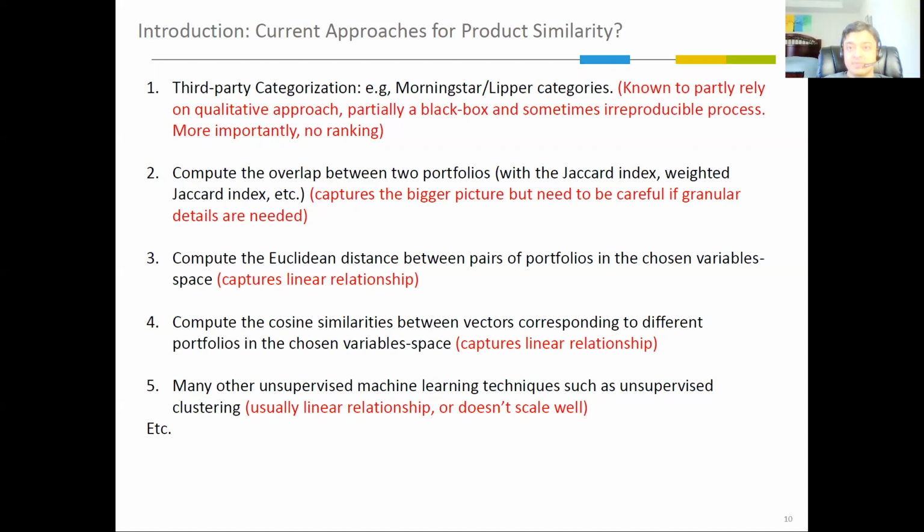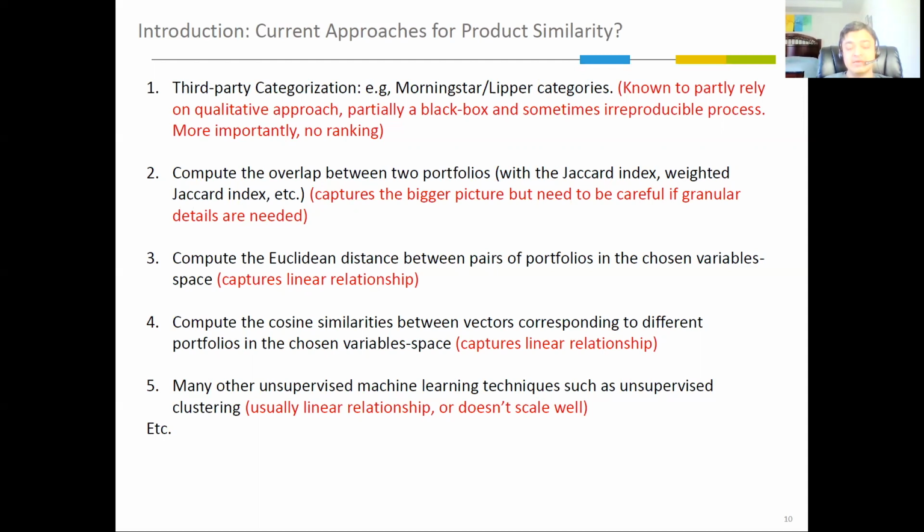So let's say you have one specific mutual fund and you are trying to identify all the similar funds to the given one. You go to one of the categorizations, look up the specific category of this fund, and then in this particular category there might be other 100 funds, which means that you have all these 100 funds which are similar to the one that you are investigating.